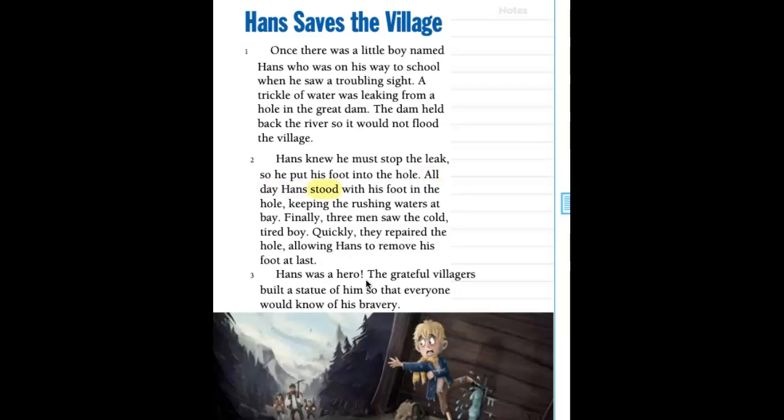All day Hans stood with his foot in the hole, keeping the rushing waters at bay. Finally, 3 men saw the cold, tired boy. Quickly they repaired the hole, allowing Hans to remove his foot at last. Hans was a hero. The grateful villagers built a statue of him so that everyone would know of his bravery.